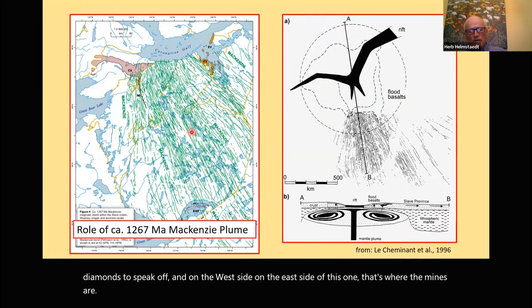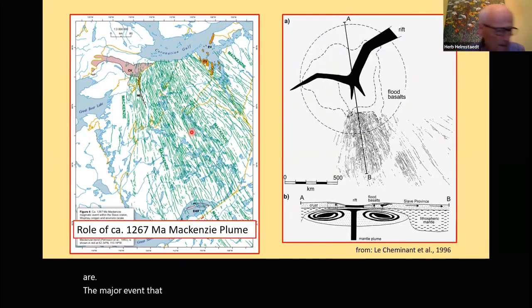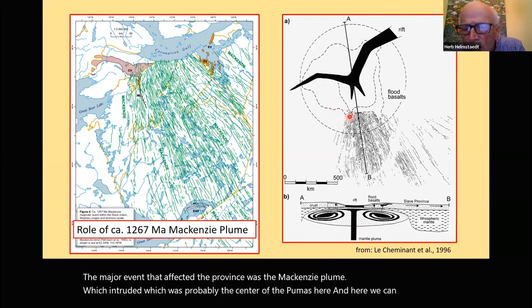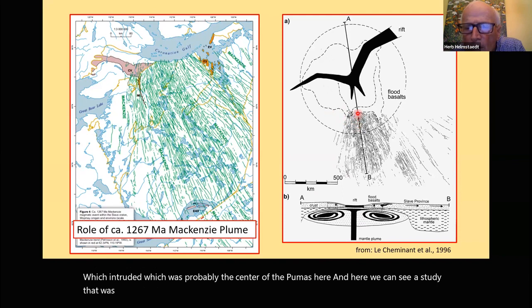Now, the major event that affected the province was the Mackenzie plume, which probably had its center here. And here we can see a study that was done by Richard Ernst and Berger.